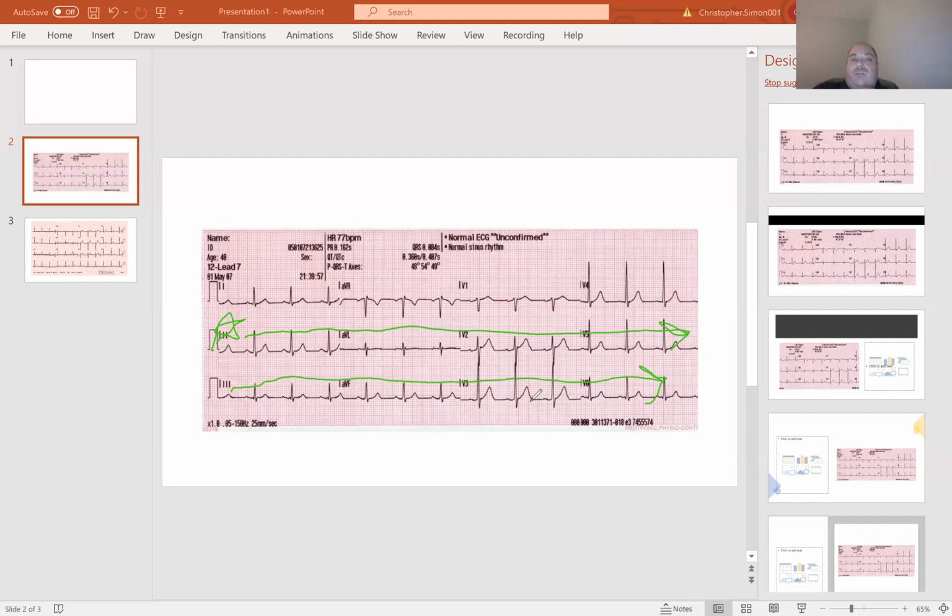Just pick one and go from left to right. So when you're diagnosing rhythms on a 12 lead, just read it from left to right all the way across. When you get later into diagnosing MIs and hypertrophies and all that kind of stuff, then you have to look at the individual segments by themselves, isolated, that we just mentioned earlier.